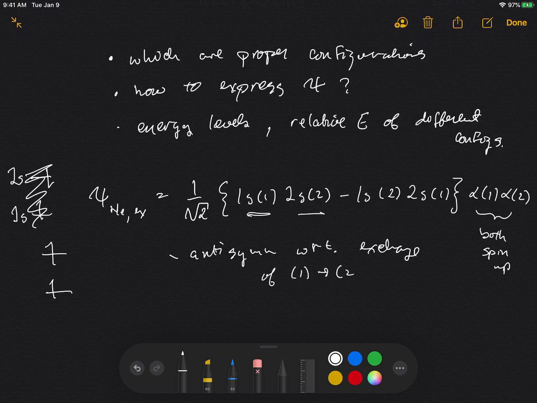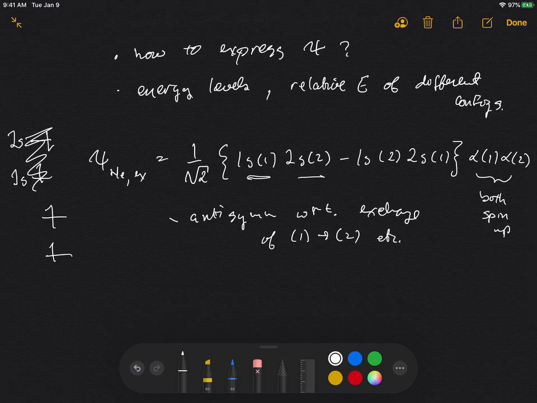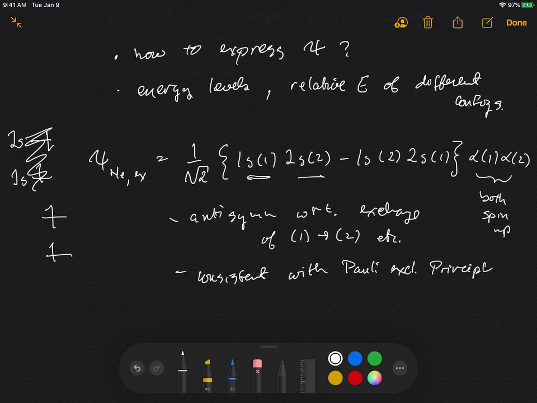In other words, 1 goes to 2, etc. And so therefore this is consistent with the Pauli exclusion principle, the quantum mechanical version.